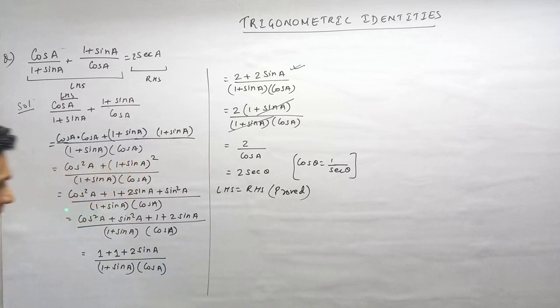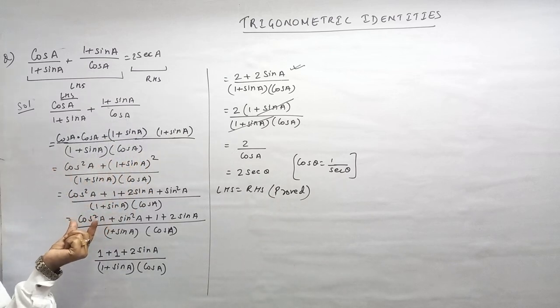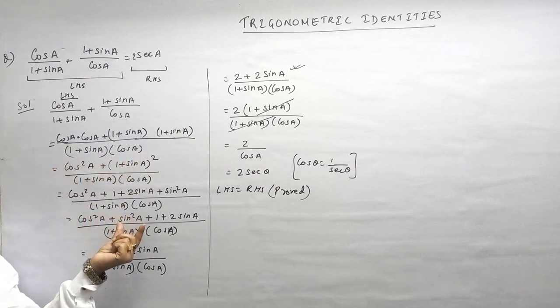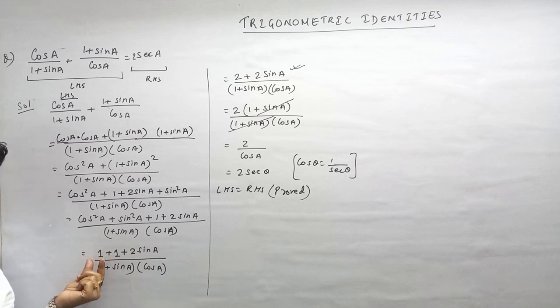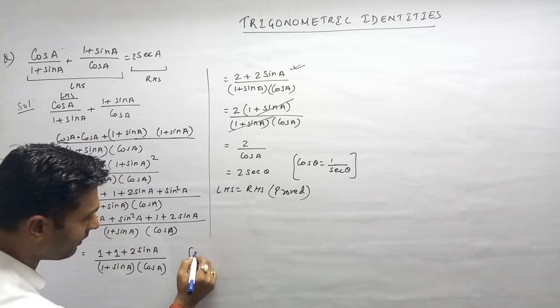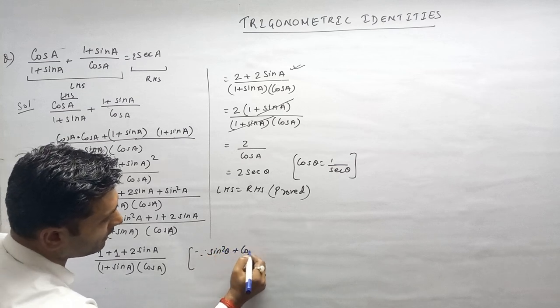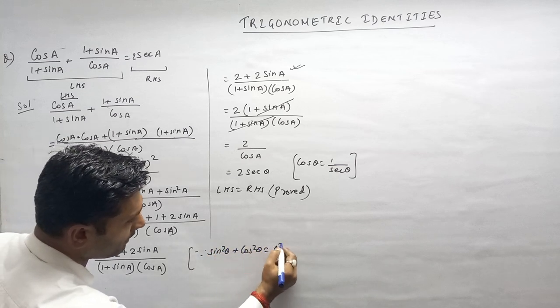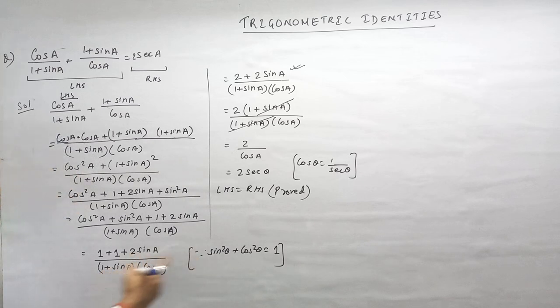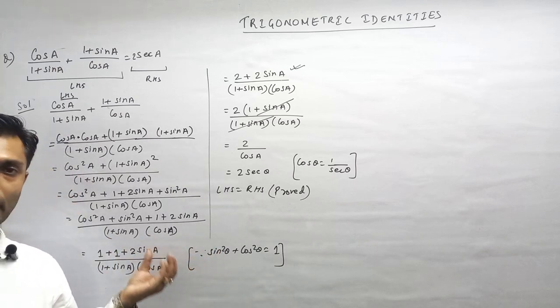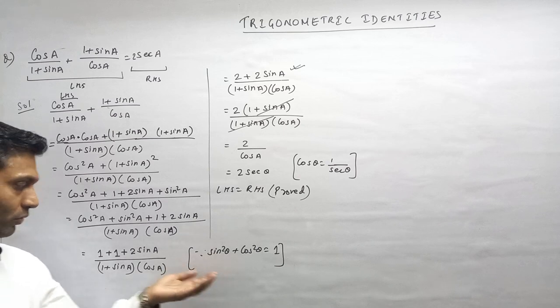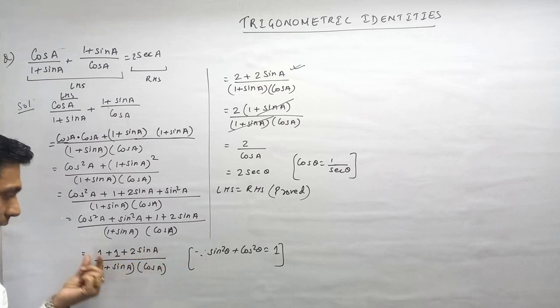And one more thing, here instead of cos square theta plus sine square theta, I have written 1. Okay, so better to mention the reason here, since sine square theta plus cos square theta is equal to 1. If you mention the reason when you are practicing at home, you will be able to recall why you have written 1.